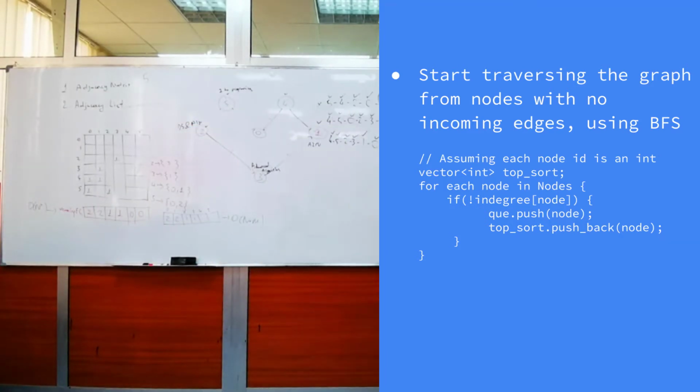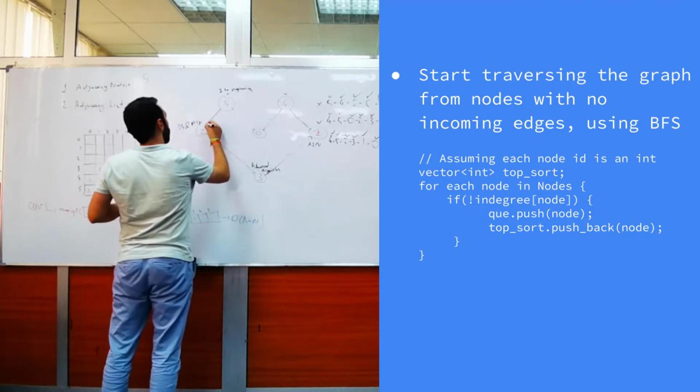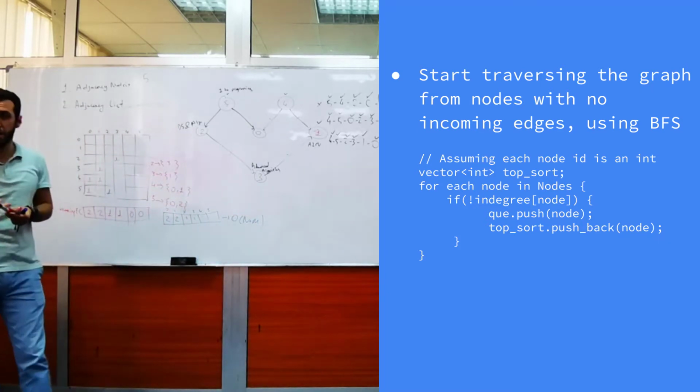So if you take a look here, what we are doing at the beginning is putting all the nodes whose in degree is 0 into our queue. This was just a conceptual thing, we are not going to delete the edges.